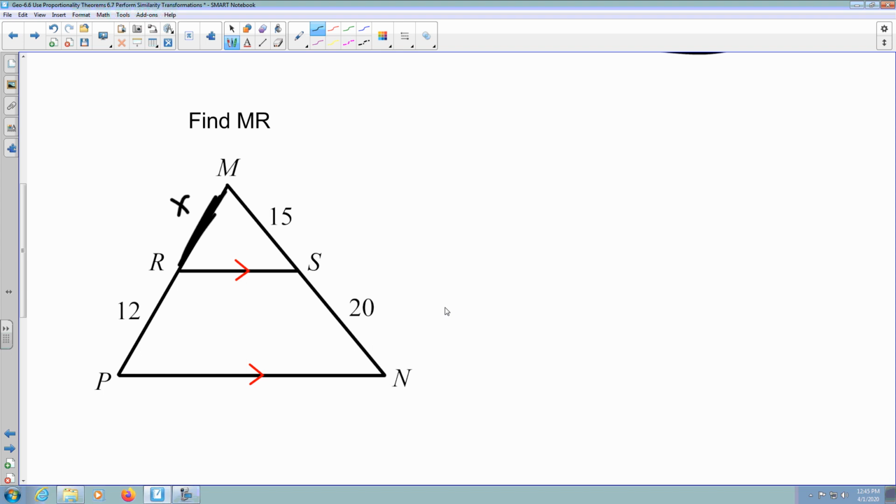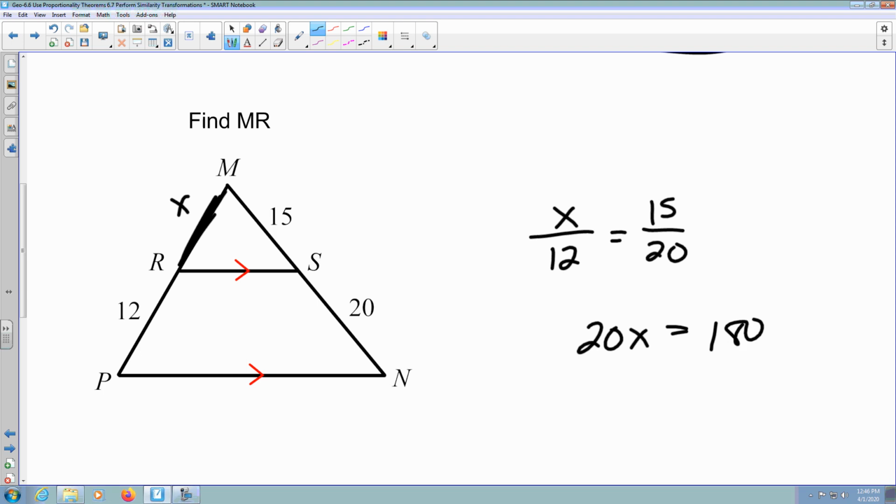So to set this one up, it's going to be MR, which is X, over RP, which is 12, is going to be proportional to MS, which is 15, over SN, which is 20. So doing the cross products, I get 20X is equal to 12 times 15, which is 180. Divide that by 20. X is going to equal 9.